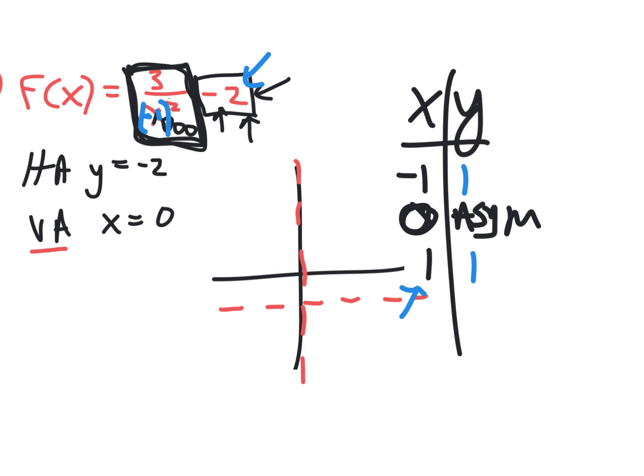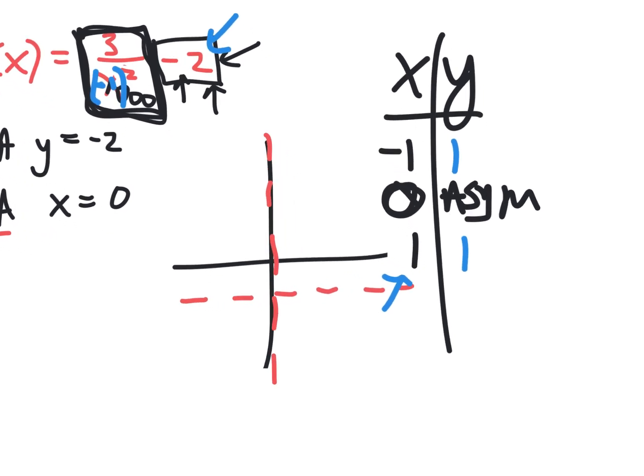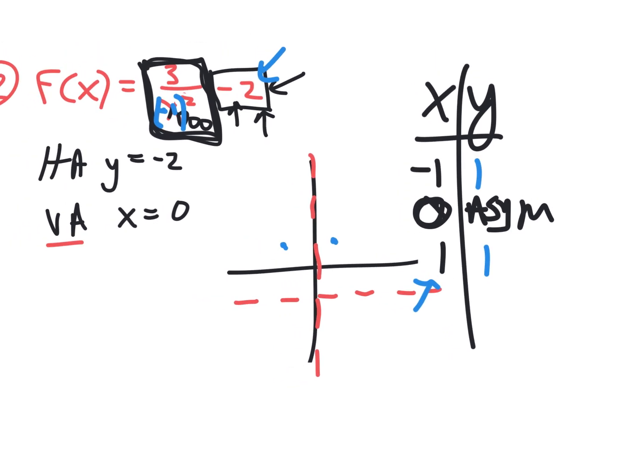So now I can go to -1, 1, and 1, 1. And was there any hole in this thing? Nope, there was nothing that canceled on the top and the bottom, so there's no hole. So then I can just say it goes kind of like this. Closer and closer to the asymptotes. Closer, closer to the asymptotes. That's it.